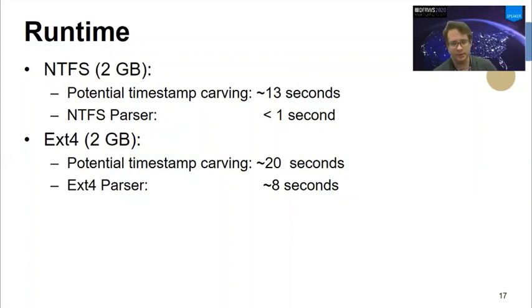I believe as the choice of timestamp gets smaller for the potential timestamp carving algorithm, it should take more time to scan through an image. As well, the ext4 parser took about 8 seconds. This is because the ext4 parser is much more complicated than the NTFS one. We have to do at least 2 scans through the disk image where we're doing a lot of operations and trying to make these guesses for the file name and inode number pairs for attributing them to the inodes.